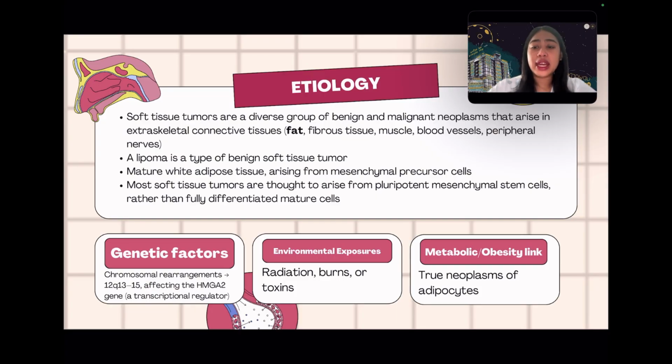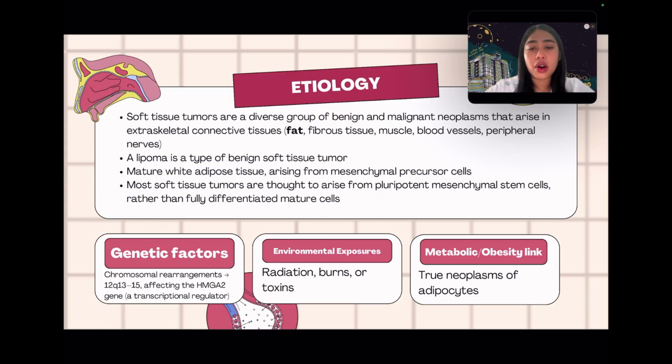We have genetic factors such as chromosomal rearrangement 12q13-15 affecting the HMGA2 gene, which is a transcriptional regulator, and a small minority are also associated with germline mutations in tumor suppressor genes that are associated with well-described syndromes such as neurofibromatosis 1, Gardner syndrome, Li-Fraumeni syndrome, Osler-Weber-Rendu syndrome.